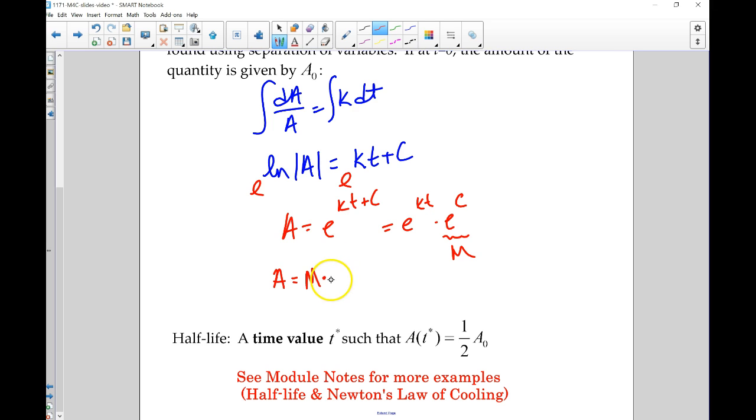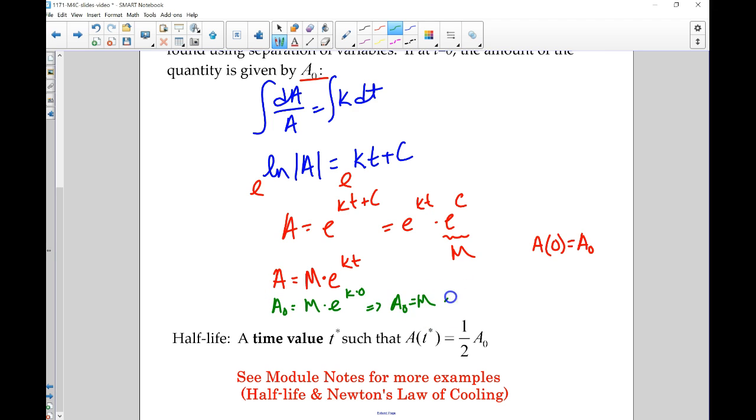And then if I know initially, so at time 0 I have A naught, I can use that and say that A naught is equal to m times e to the k times 0, and this is just 1, so that implies A naught is equal to m.